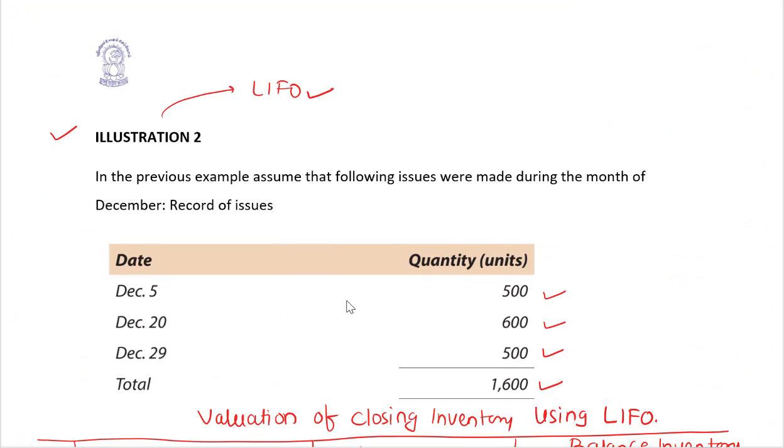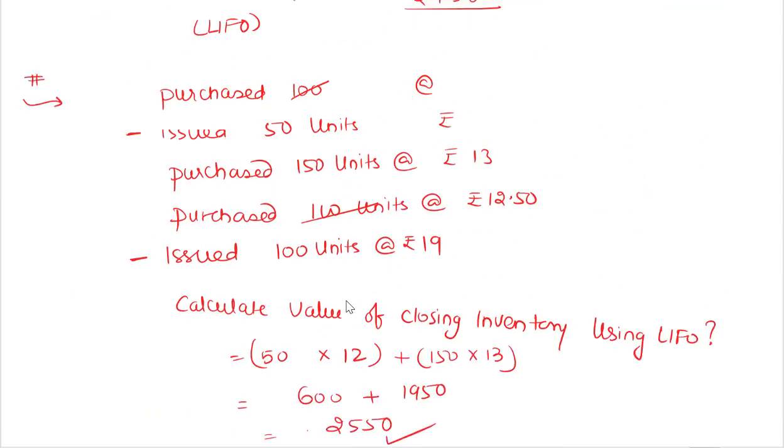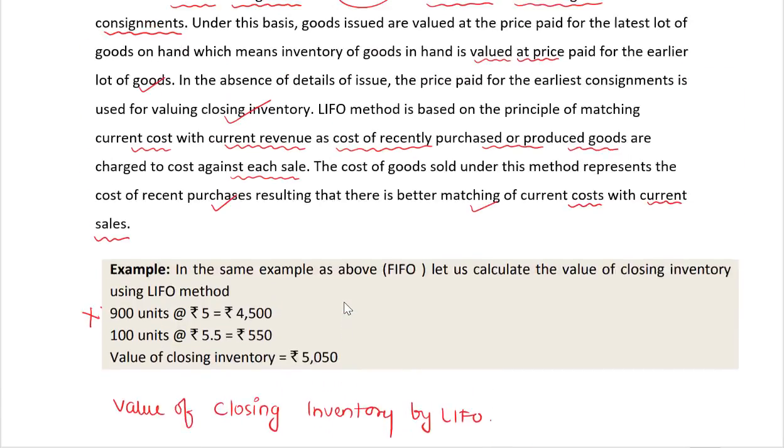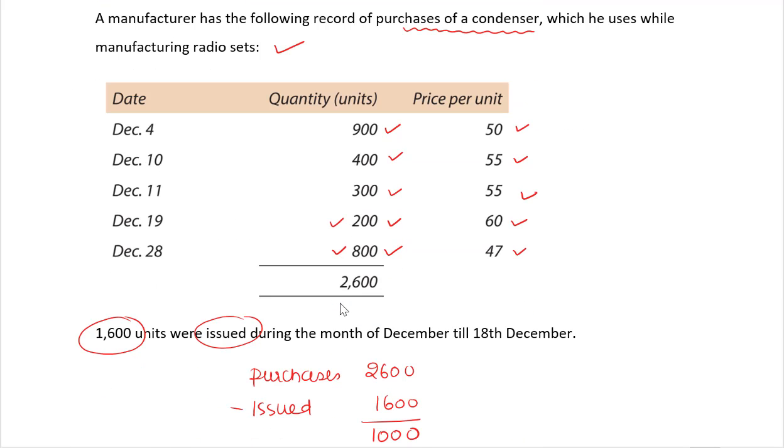So this was illustration number 2, and this is illustration number 1. December 4, the purchase amounts are given, so total receipts are 2600: 900 at 50, 400 at 55, 300 at 55, 200 at 60, and 800 at 47.